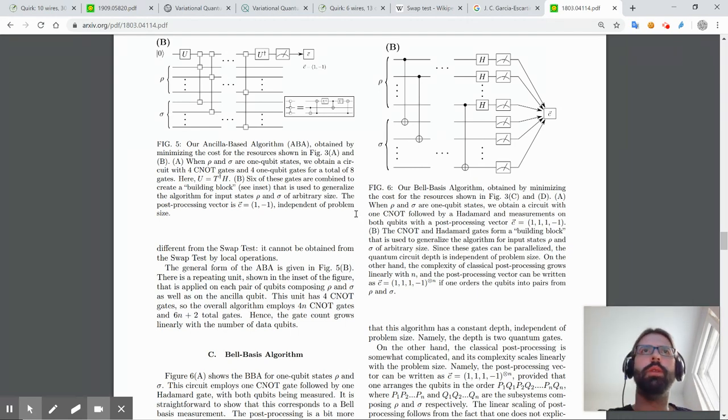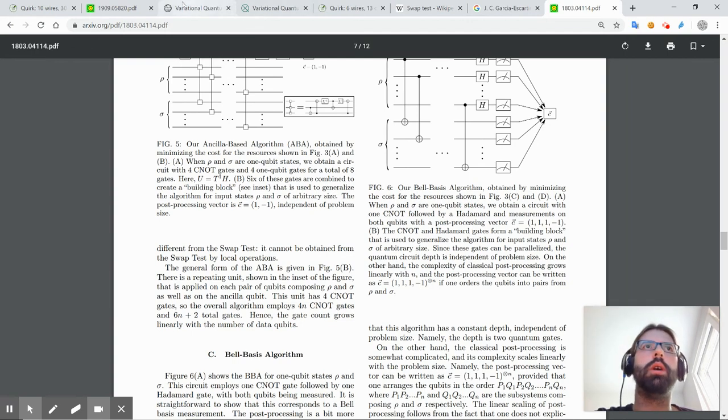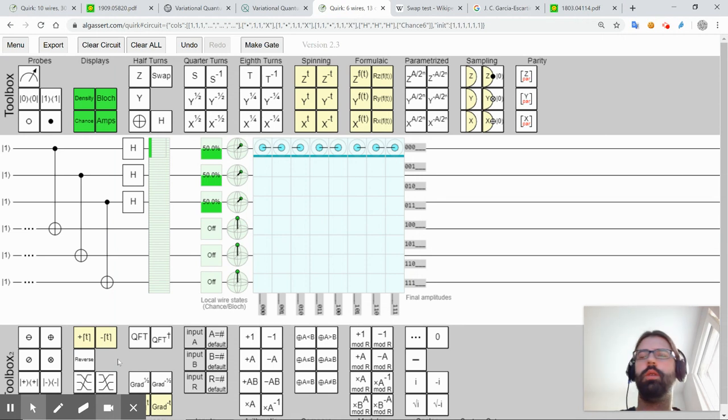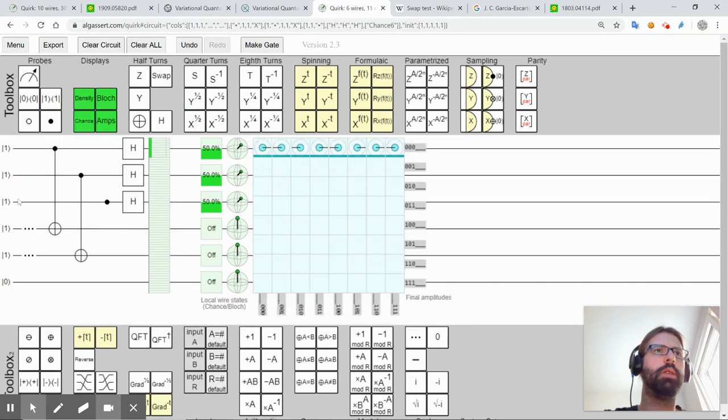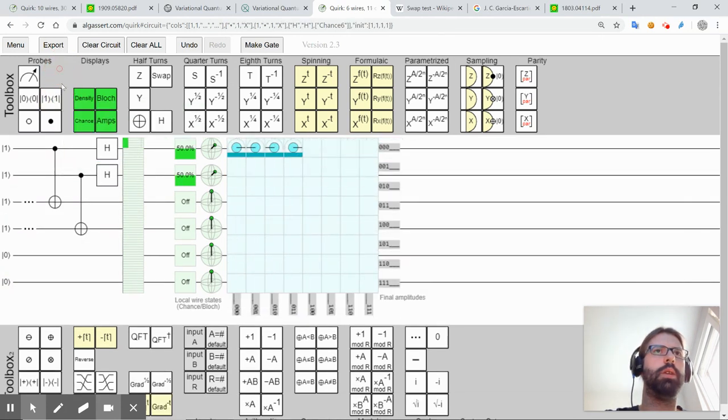I guess intuitively, if I'm going to get rid of one qubit because it's going to make things easier to read.